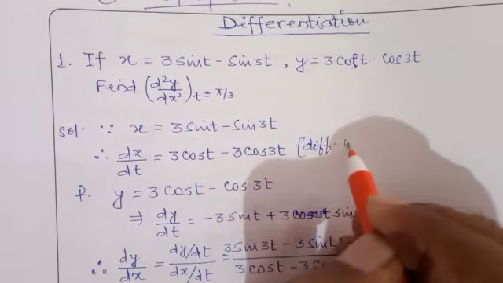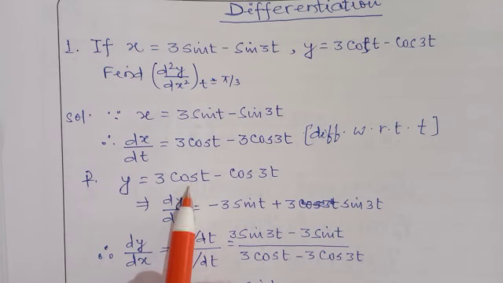Similarly, differentiate y. y is given as 3 cos t minus cos 3t. So differentiate with respect to t. Differentiation of cos t is minus sin t.